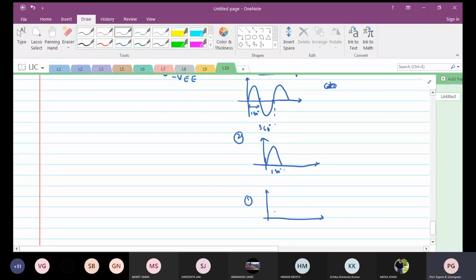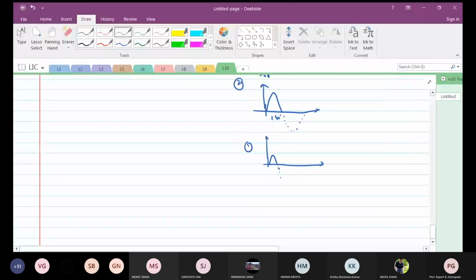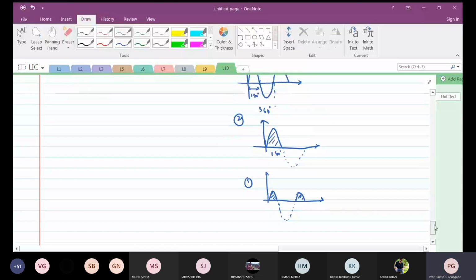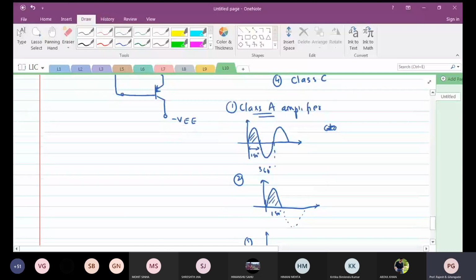So only a small part of the signal is amplified. This is called class C. This is called class B. And this is called class A, full conduction. You learn that in more detail in your AEC.